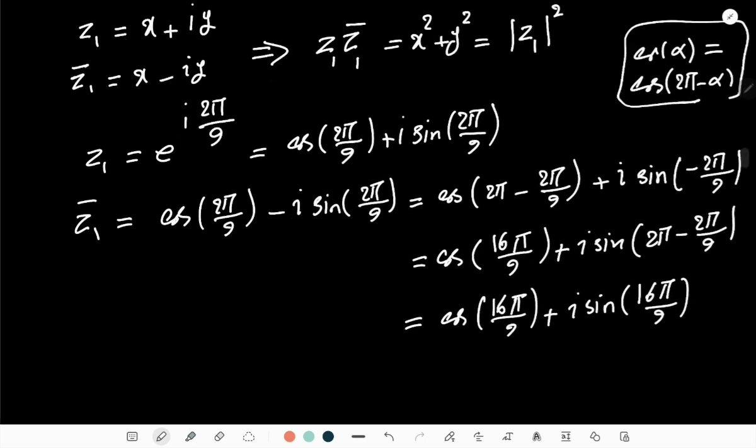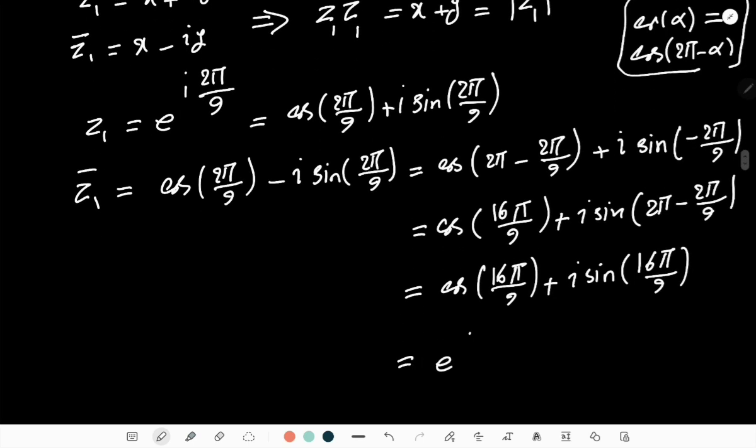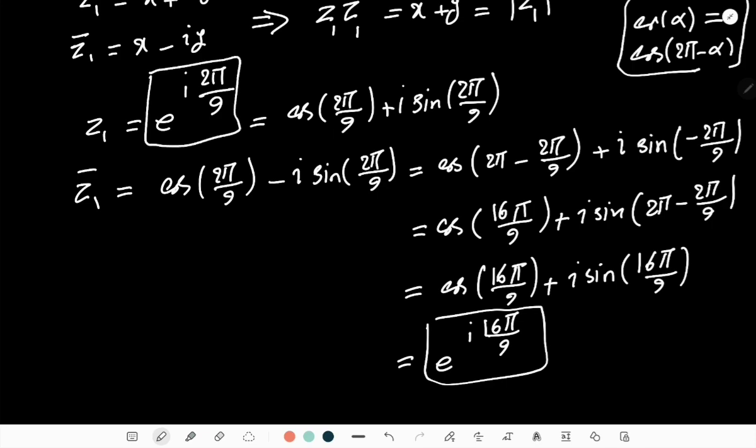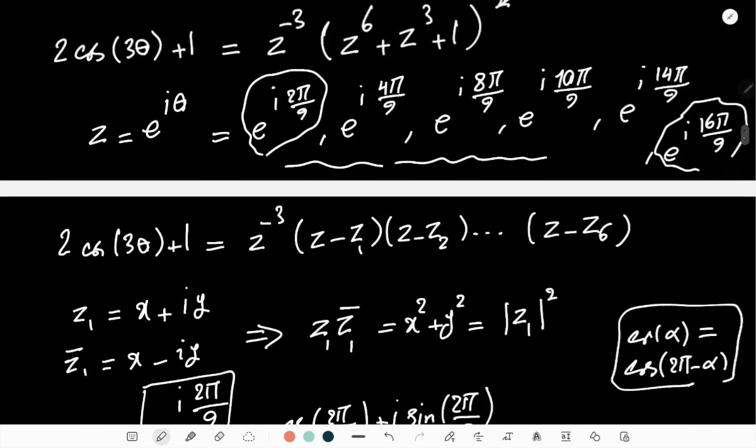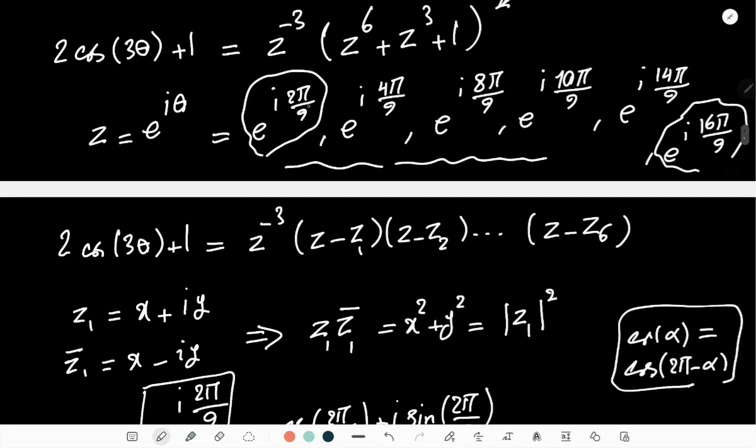But this is nothing but e to the power of i 16 pi over 9. So in other words, this one is the complex conjugate of this one. So this is very good news. You will see why. And the sum of the angles is 2 pi.